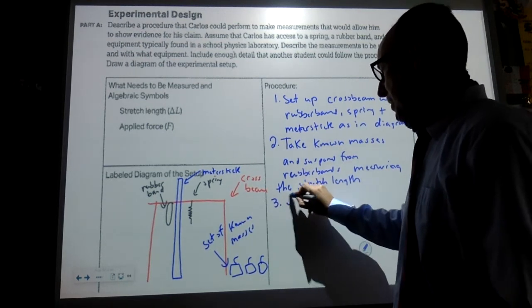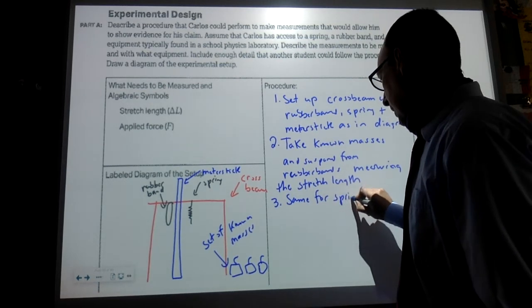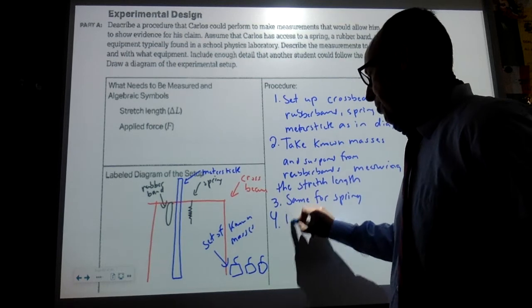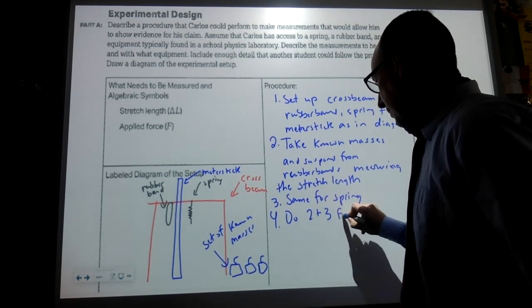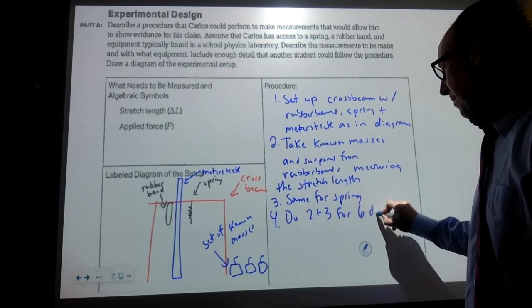And I'm going to do the same for the spring, and I'm going to do steps 2 and 3 for 6 different masses.